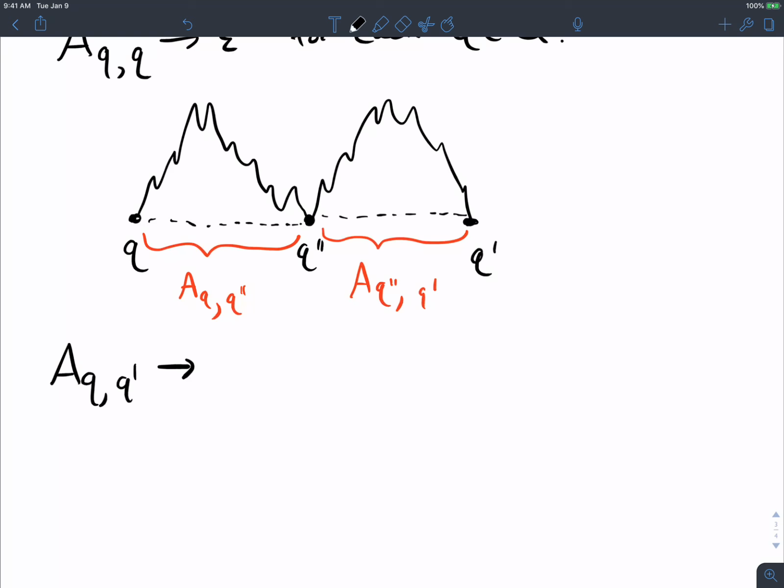Yeah, so reading something from the first one, and then concatenating it with something from the second variable. So A Q double prime, Q prime. So think of these like subproblems. We have these 2 subproblems, and we're combining them into a larger one. So assuming we know how to do the smaller ones, then we know how to do the larger one. Okay? Any questions about that?